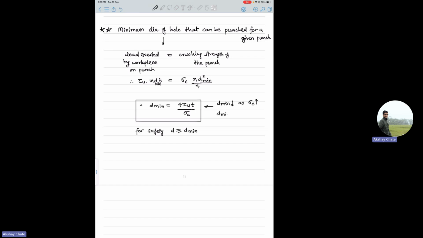Another way to have smaller holes is to increase the shear strength of your workpiece, or increase the thickness of your workpiece. But typically we don't do this because in that case you need to provide more energy. So basically, if you can, you should have a punch with higher crushing strength.